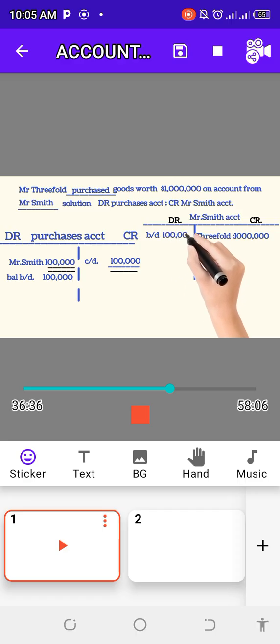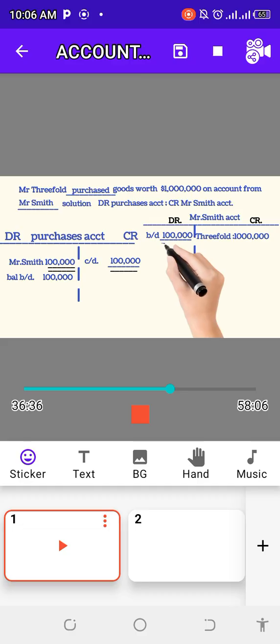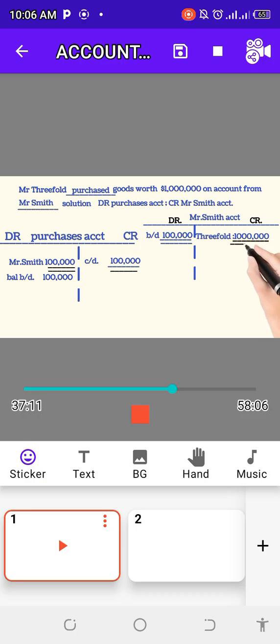Balance carried down. No, that is a mistake. That one there is balance carried down, not balance brought down. That one on the debit side should be balance carried down. Then it is on the credit side that will have balance brought down.